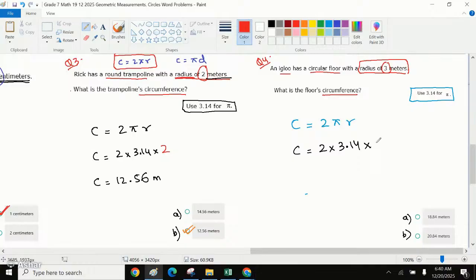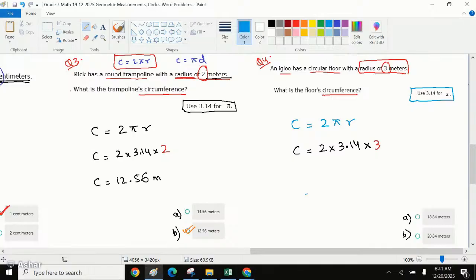So we simply put down 3 over here. So we have 2 multiplied by 3.14 multiplied by 3. And the final answer comes out to be, can anyone help me out? Please write down the answer on the screen so that we can have the same answer.